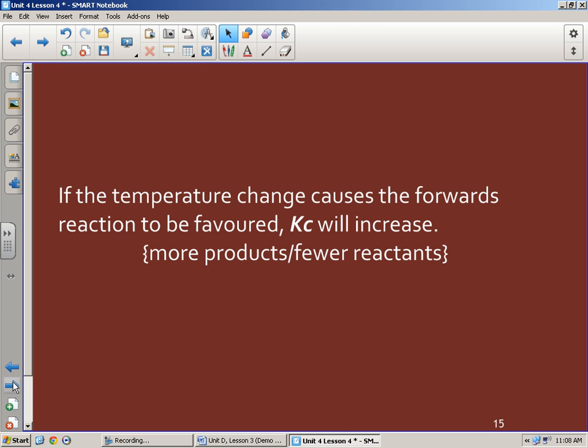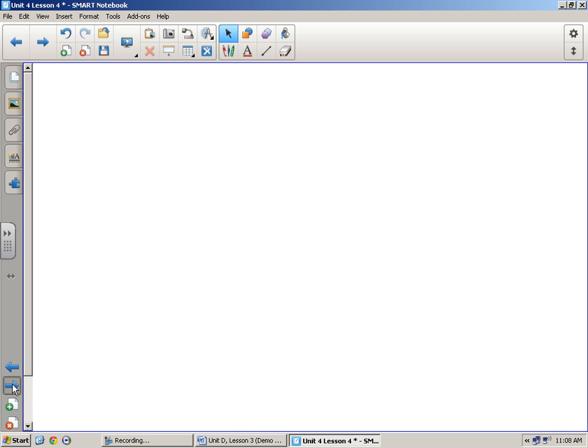More up here, less down here. Vice versa, if I favor the reactants and shift to the left, I'm making more reactants and less product. So small over large, the Kc value is going to go down. That's what it talks about on these two.